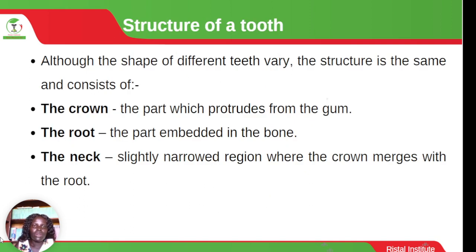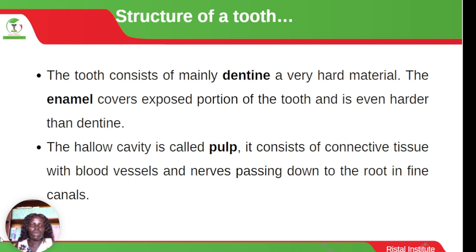Structure of a tooth. Although the shape of different teeth varies, the structure is the same, and it consists of the crown, which is the part which protrudes from the gum, then the root, the part embedded in the bone, then the neck, the slightly narrowed region where the crown merges with the root. The tooth consists mainly of dentine, a very hard material.